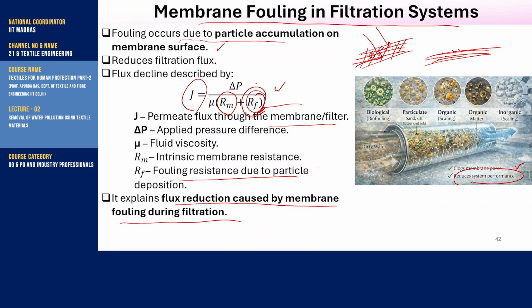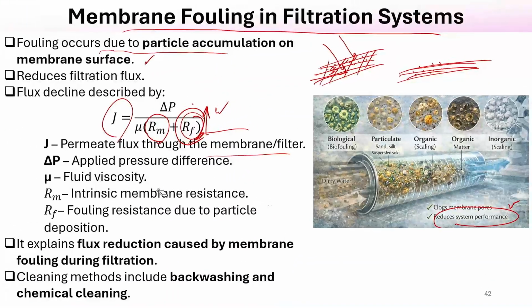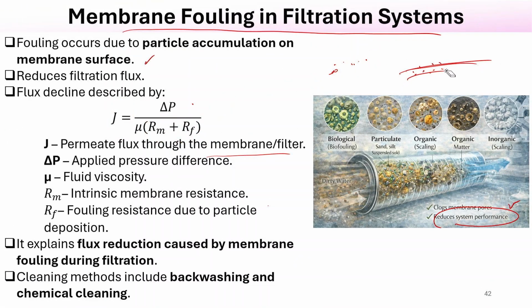So, this Rf is increasing, which reduces the flux. Now, like in the bag filter where we discussed reverse airflow, similarly here also we can use it in two ways. This is the membrane, and particles are developed on one side, so membrane fouling is there.